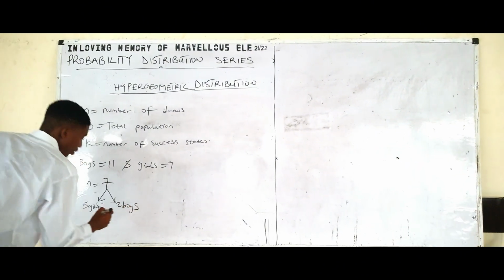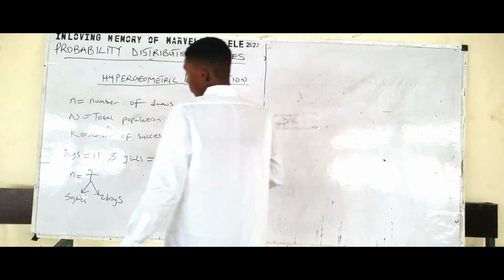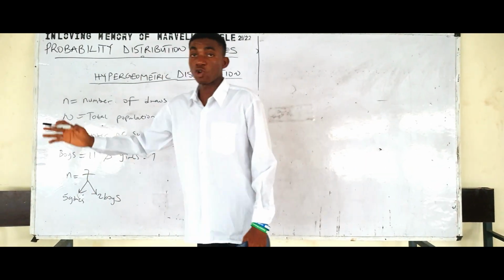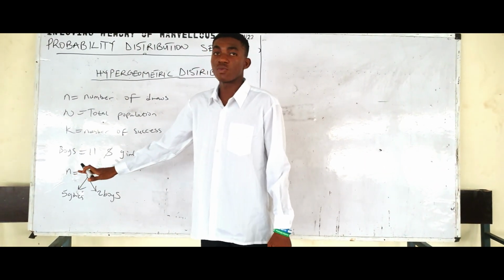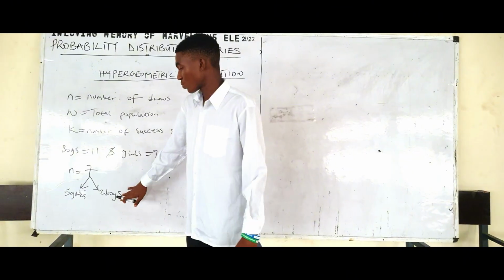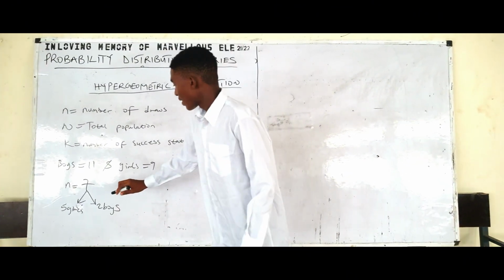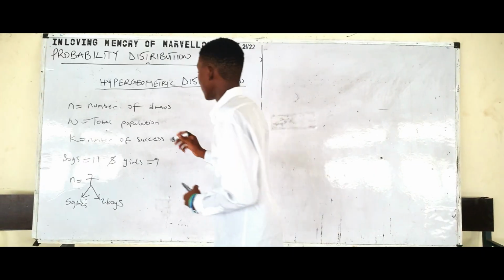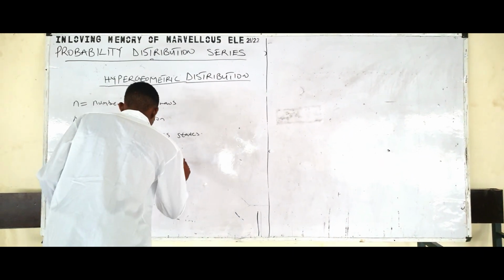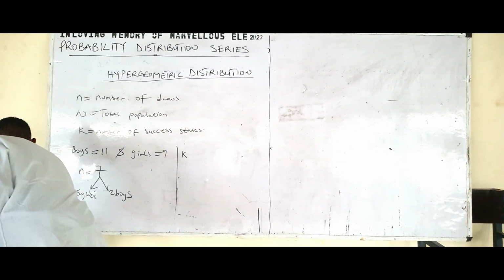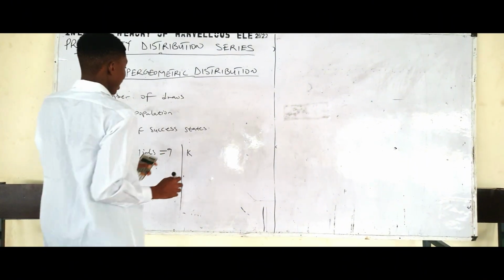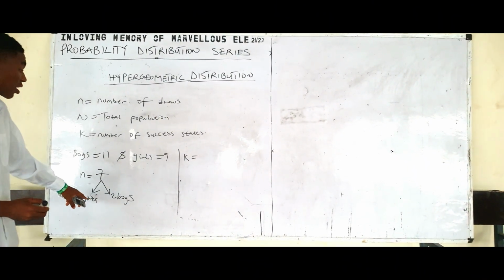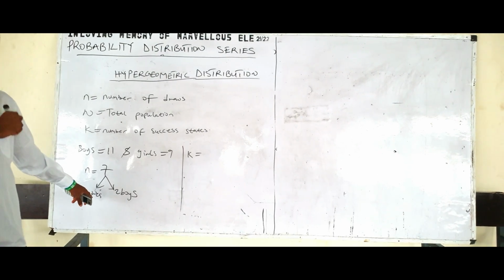Just picture the scenario in your head. Meaning he favored girls as usual. Out of the 7 for the competition, 5 were girls and 2 were boys. And what is K? K is the number of success states, meaning the total number of people that were favored.